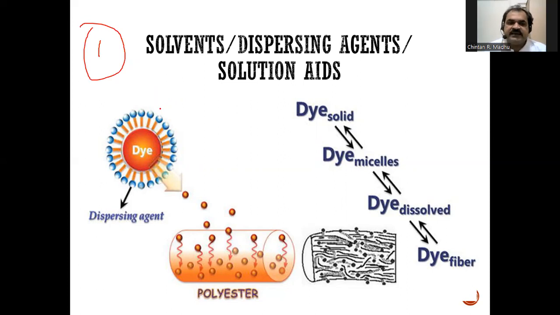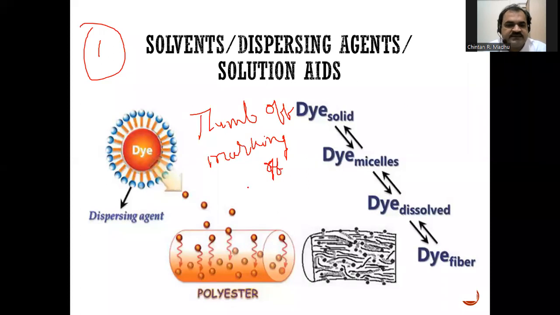So I have to control the migration of disperse dye, because the particle size of disperse dye is very small, and due to the temperature it will travel. That means it will migrate on the fabric surface and produce a thumb-off effect, also known as the marking off effect.